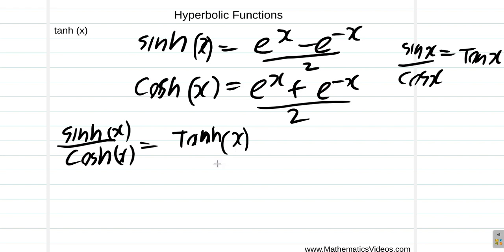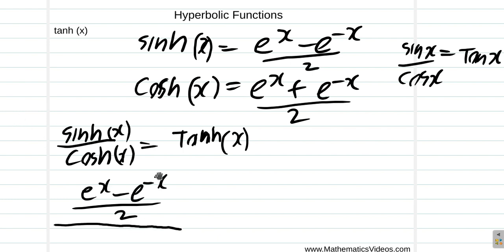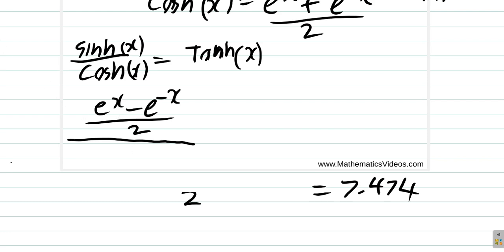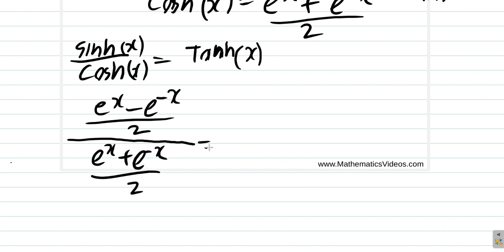Now, if that is so, then what you'll have is e to the x minus e to the negative x divided by 2, all over the cosh, from a previous work that we did, divided by cosh x, which is e to the x plus e to the negative x divided by 2.